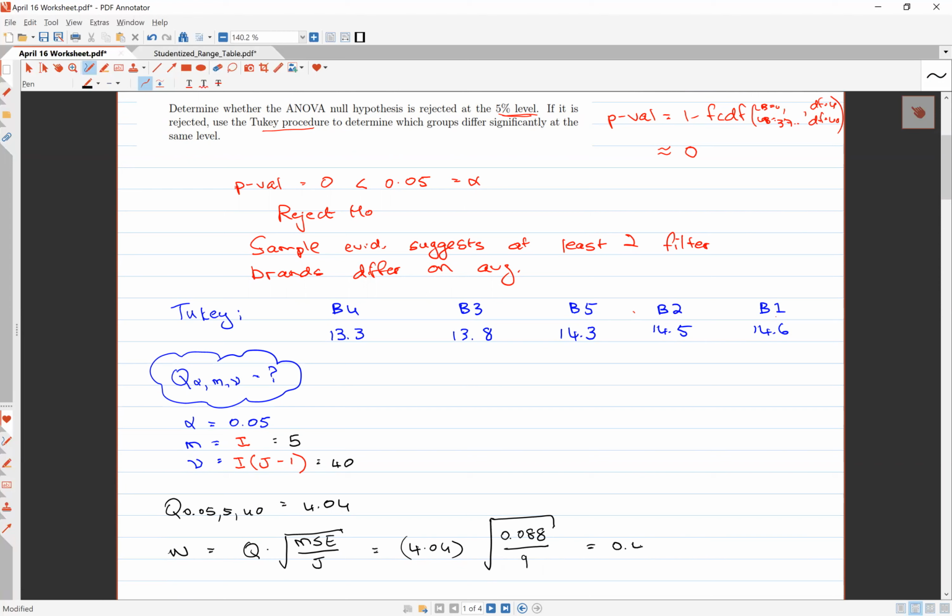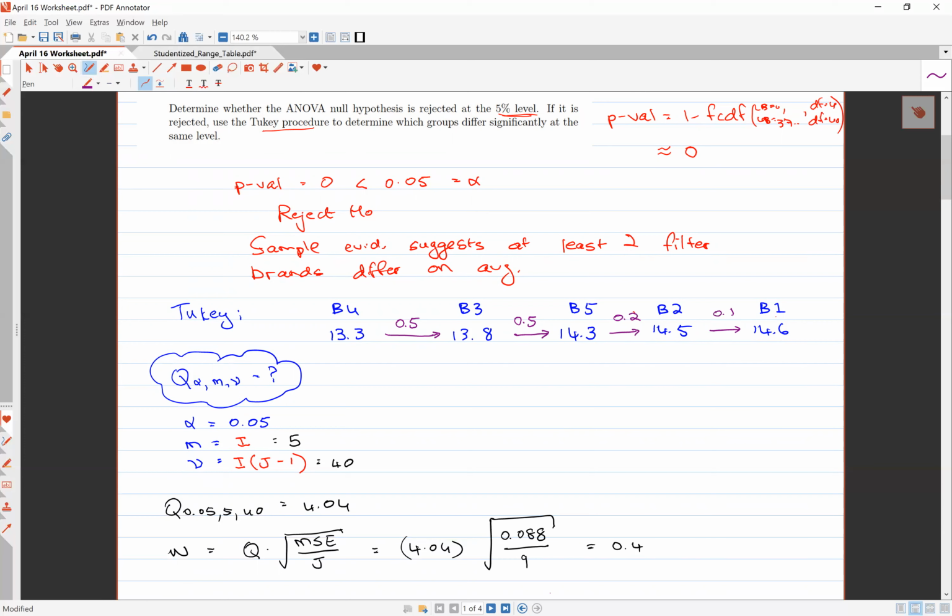It's actually 0.399, but I'm just going to round the width value to 0.4. So now we want to assess how far apart our different sample averages are. So the first two have a distance of 0.5. Then we have a distance of 0.5 again. Then we have a distance of 0.2, and finally we have a distance of 0.1.